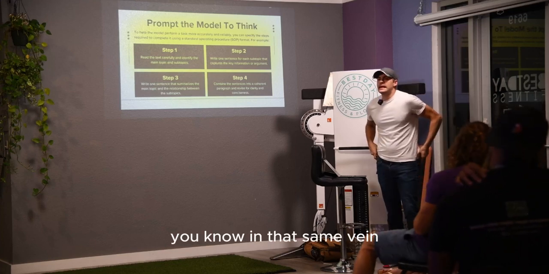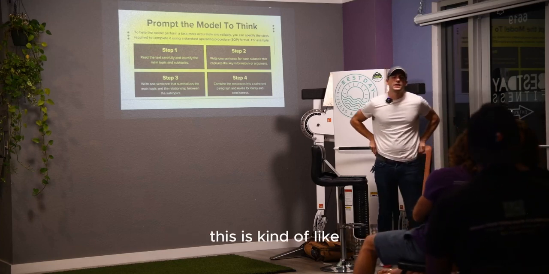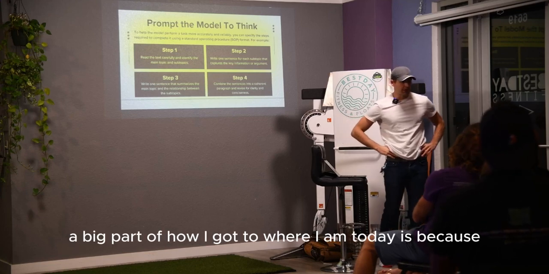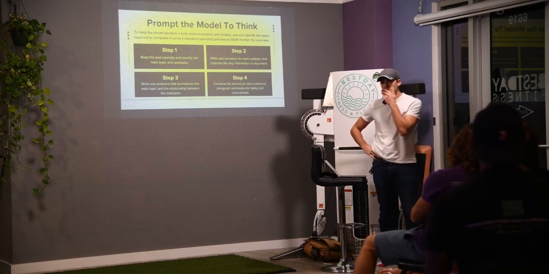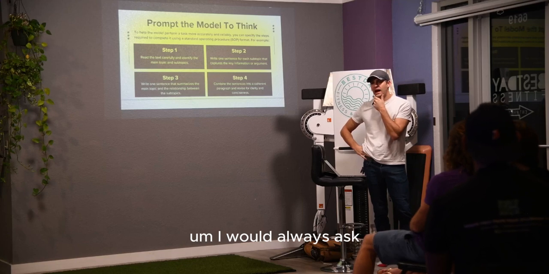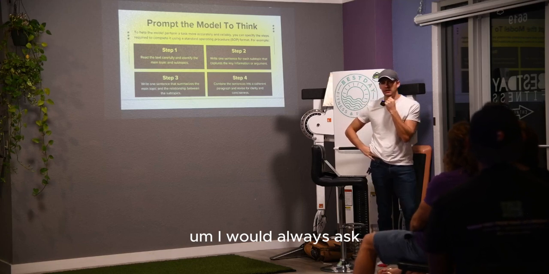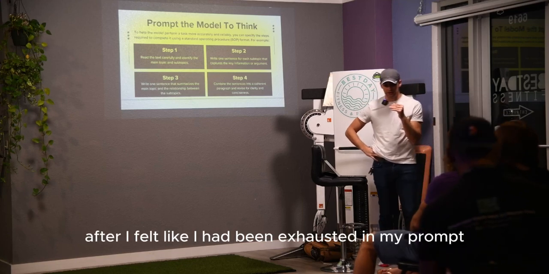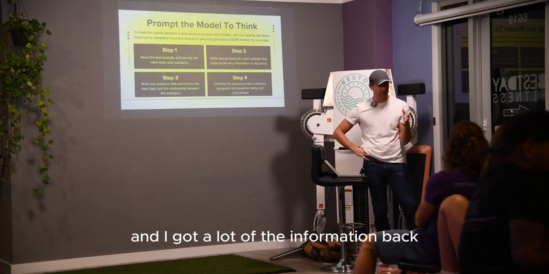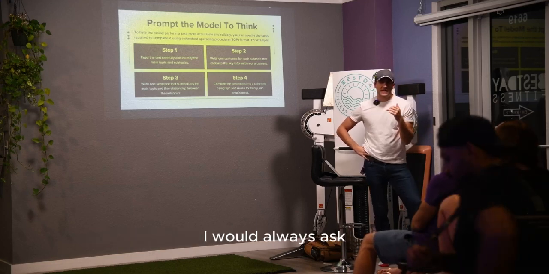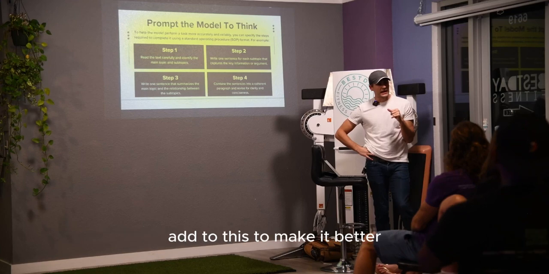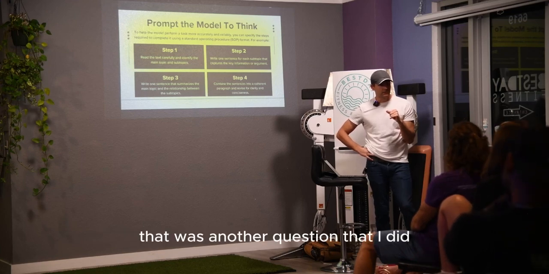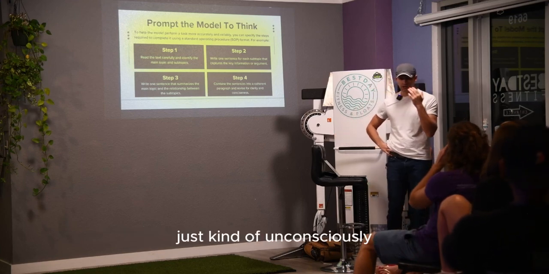You know, in that same vein, this is kind of a big part of how I got to where I am today. After I felt like I had been exhaustive in my prompt and I got a lot of the information back, I would always ask, is there anything else that you think I could add to this to make it better? And that was another question that I did just kind of unconsciously.